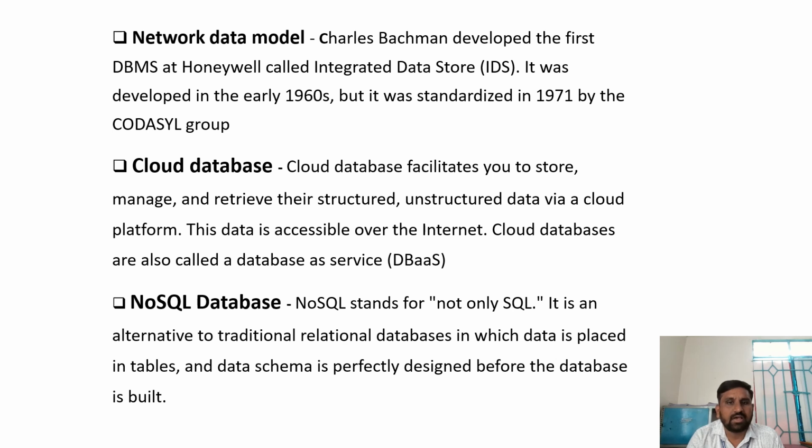This data is accessible over the internet. Cloud databases are also called database as a service, which is DBaaS. Next one, NoSQL database. NoSQL stands for not only SQL. It is an alternative to traditional relational databases in which data is placed in tables and the data schema is perfectly designed before the database is built.